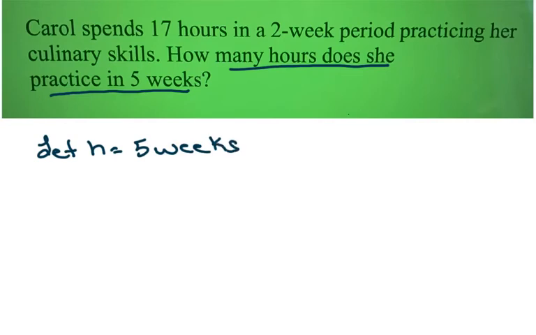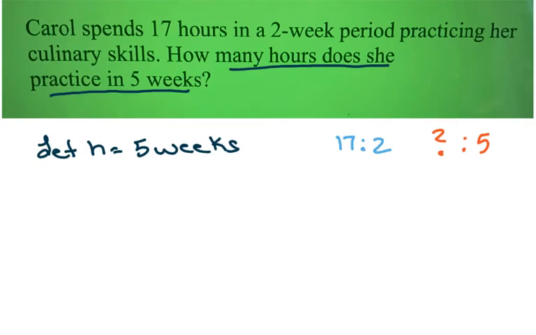But if I'm thinking of this as a ratio, I'm thinking of it like 17 is to 2 as a question mark is to 5. And that question mark would be our H, because that's where our unknown is.